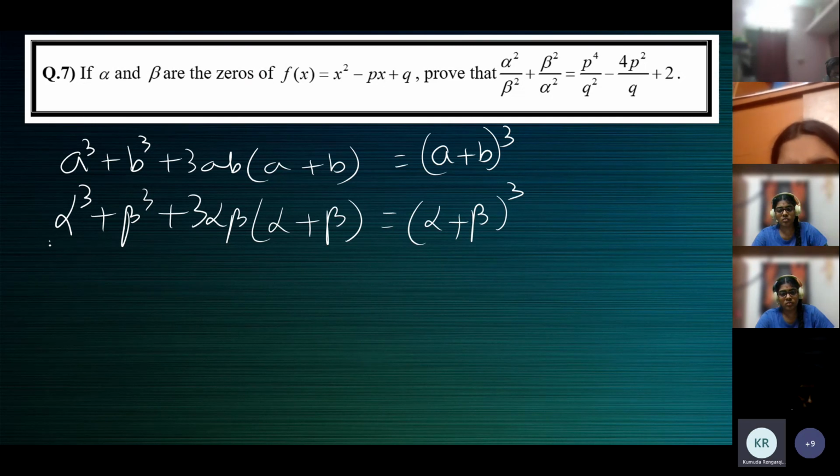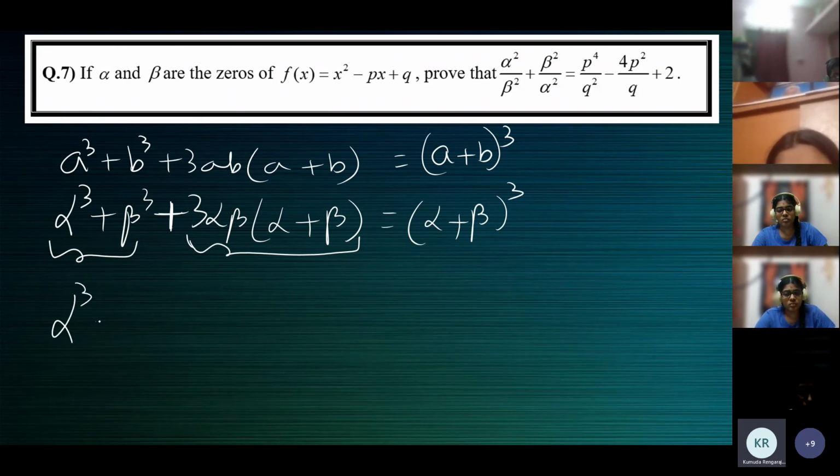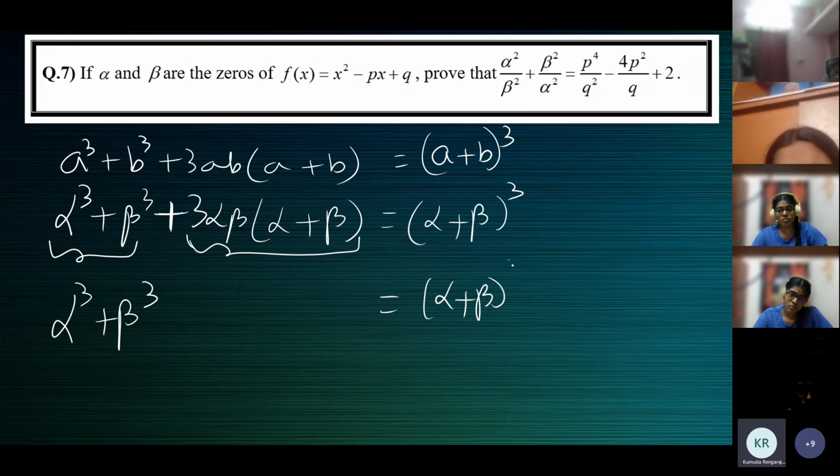So if you want to find alpha cube plus beta cube, you need to transpose this. Now this is one term. It's preceded by a plus sign. So when you transpose this, it goes to the other side with a minus sign. So alpha cube plus beta cube is equal to alpha plus beta the whole cube.